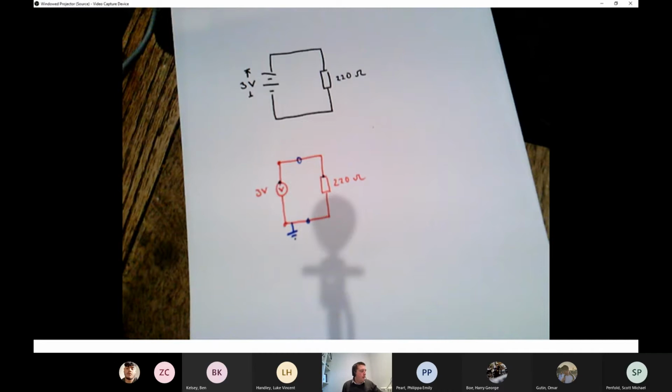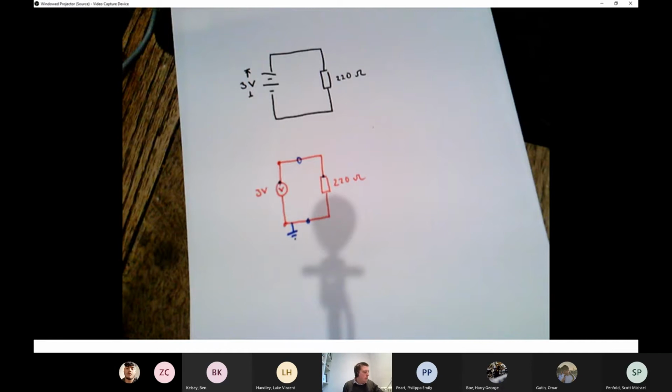And then if that bottom part of the circuit is 0 volts and there's a 3-volt voltage supply, then I can make a note that this top node must be 3 volts. So we've got 0 volts down at the bottom and 3 volts up at the top, because they have to be separated by this 3-volt voltage supply. That's the kind of way we look at things.